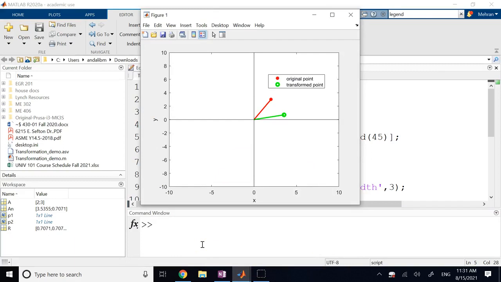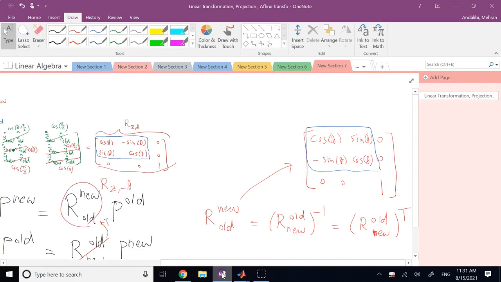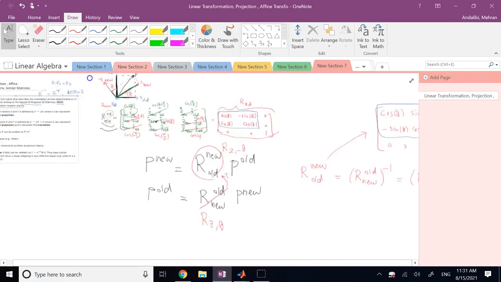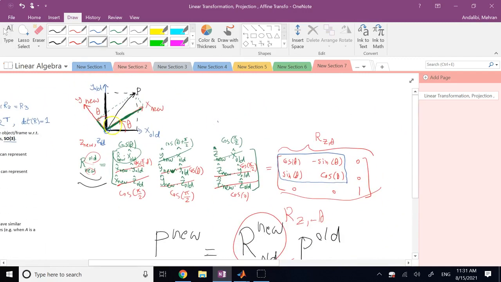So this is another case where I'm trying to show you something that might surprise you, but you shouldn't be surprised, because what you did here was rotate the coordinate frame and keep the point P at the same location.